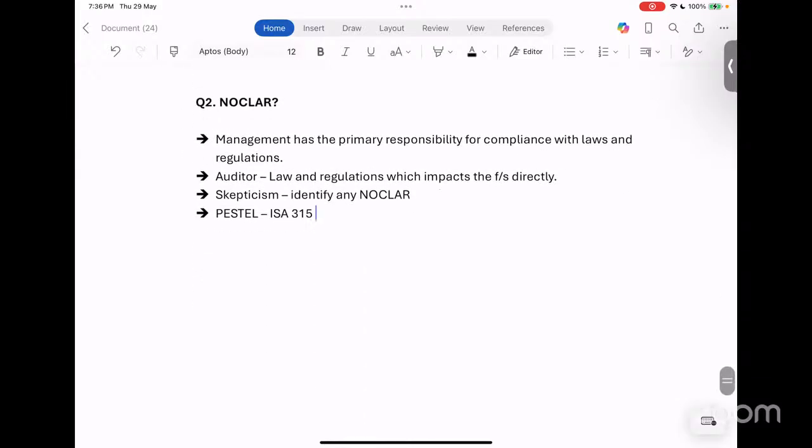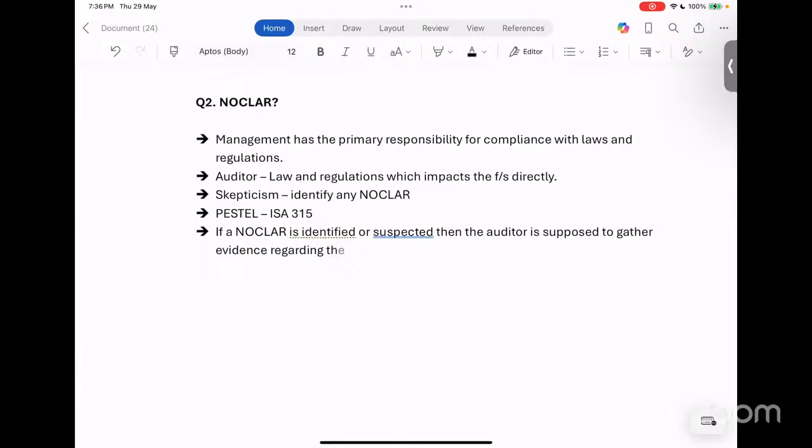Now, what happens if the auditor actually identifies a NOCLAR? If a NOCLAR is identified or suspected, then the auditor is supposed to gather evidence regarding the nature and circumstances of the event.